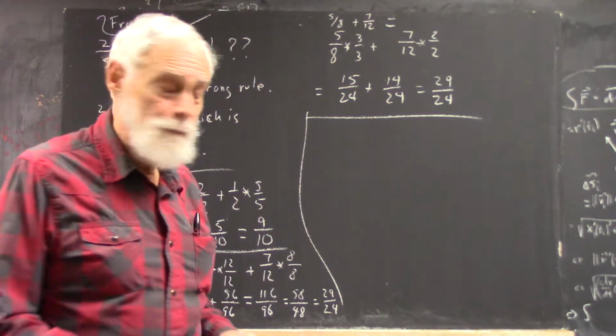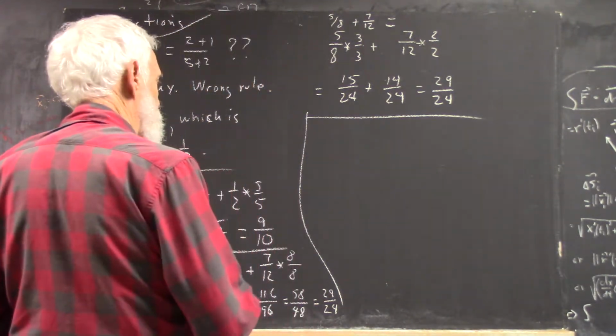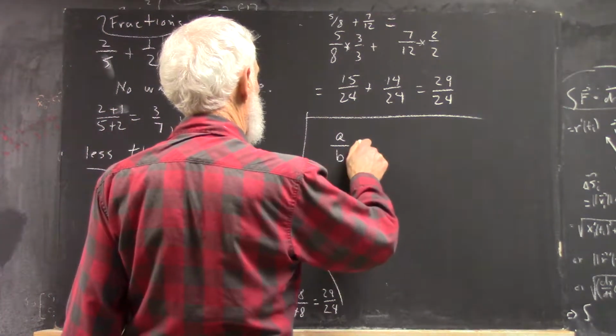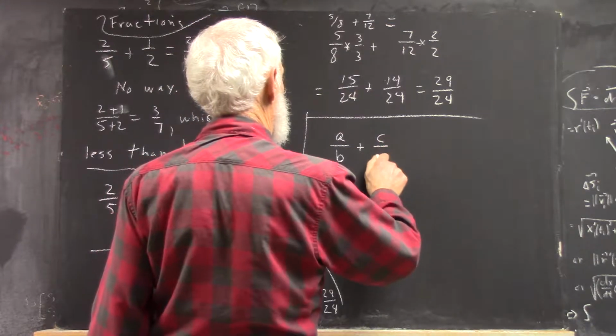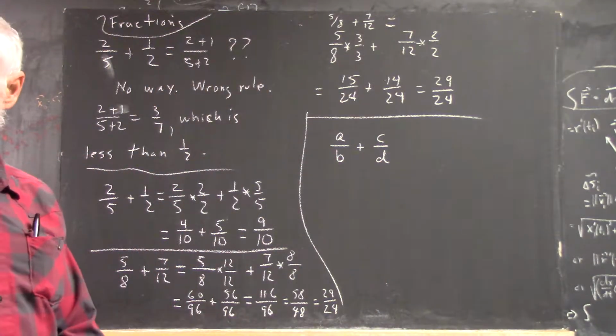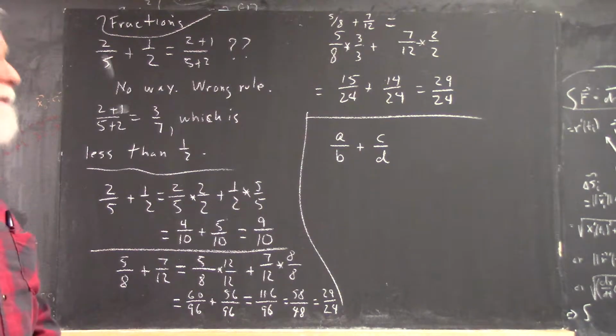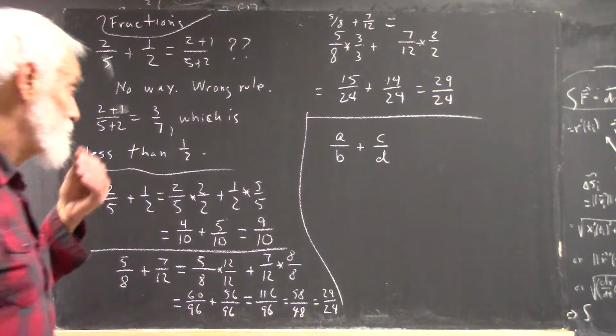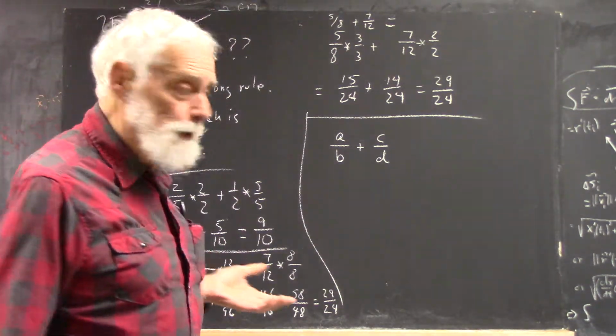So let's say now that I want to add A over B to C over D. What's my common denominator going to have to be?